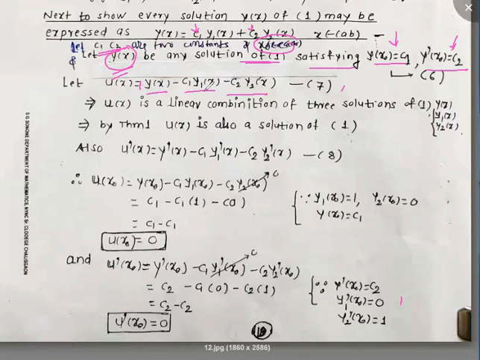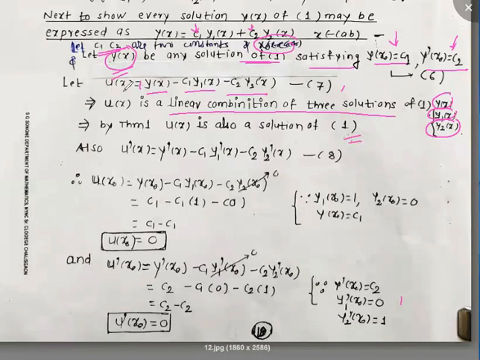So this is called a linear combination of three solutions. One solution is y(x), another is y1(x), and the third is y2(x). These are three solutions of differential equation 1.